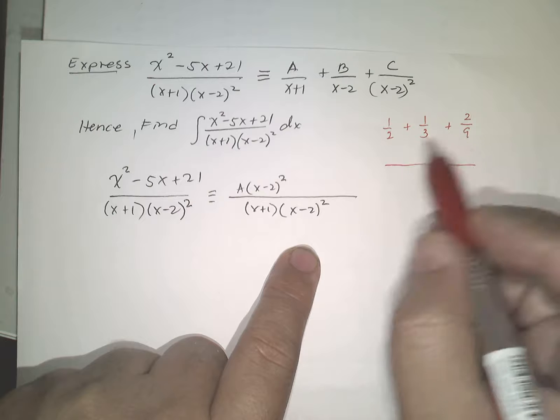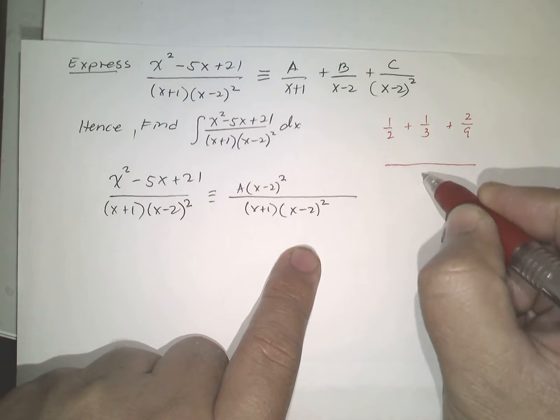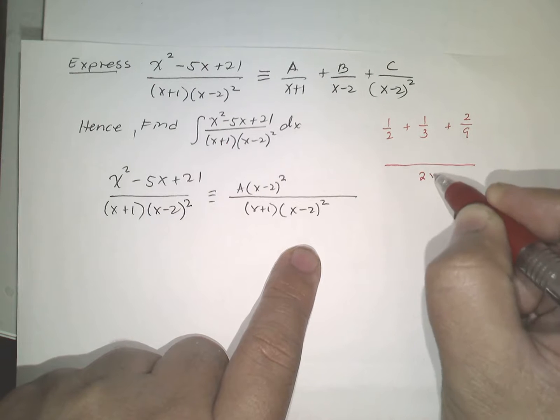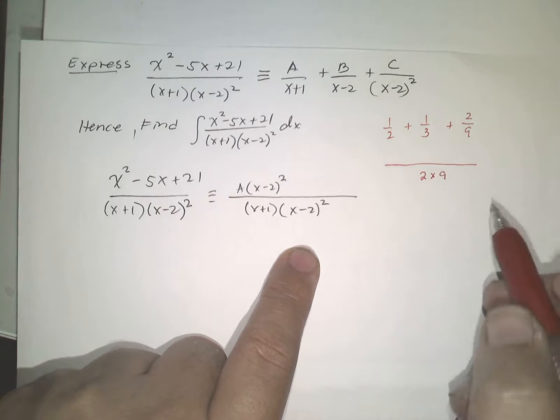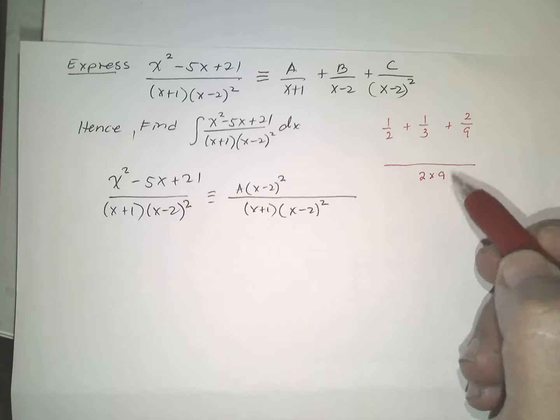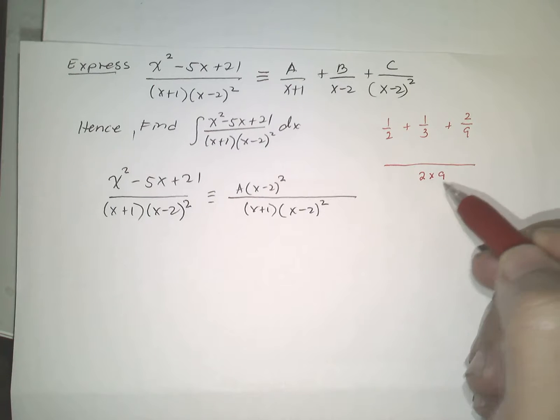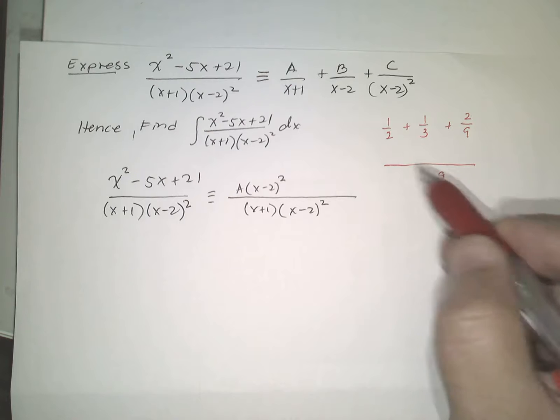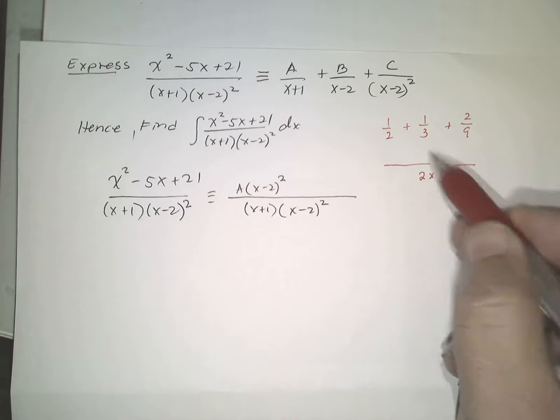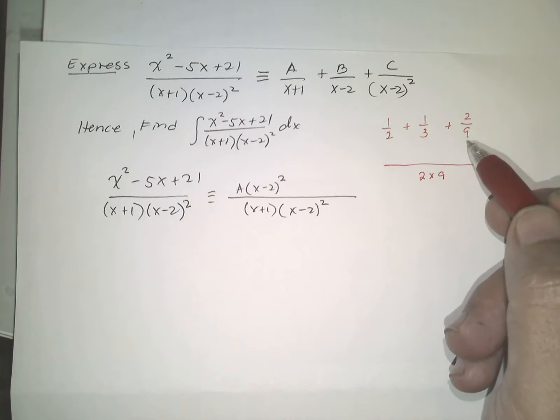Here, that's 18, or in short, 2 times 9. 18 is the only number that can be divided equally by 2, by 3, and by 9.